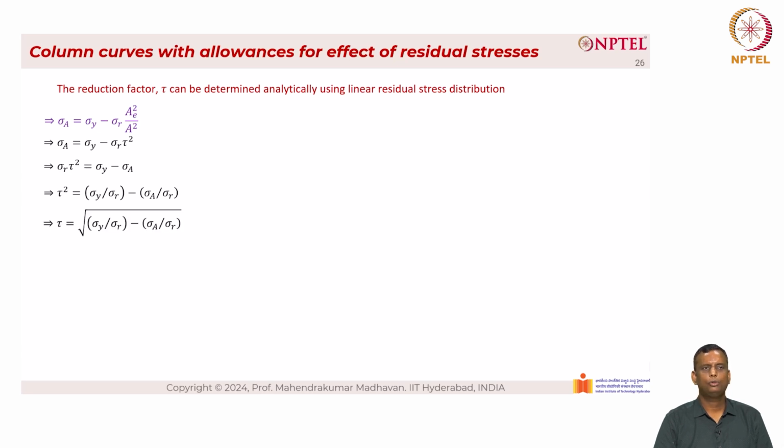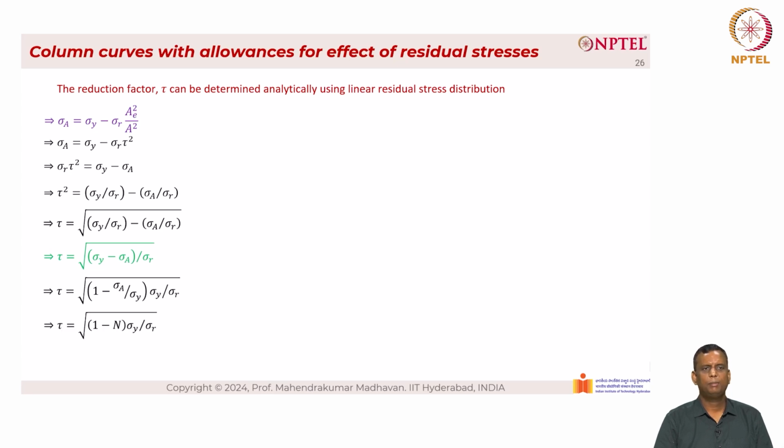We have tau equal to root of sigma y by sigma r minus sigma a divided by sigma r. This tau is nothing but root of (sigma y minus sigma a) divided by sigma r. And we can again take sigma y from the equation inside. So we have tau equal to root of (1 minus sigma a by sigma y) into sigma y by sigma r.